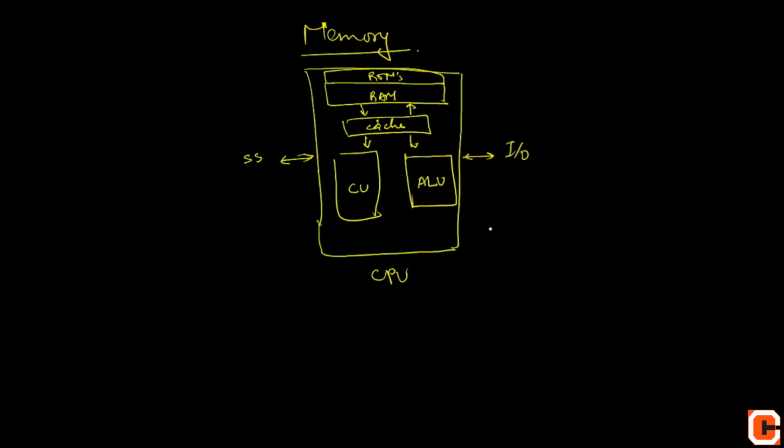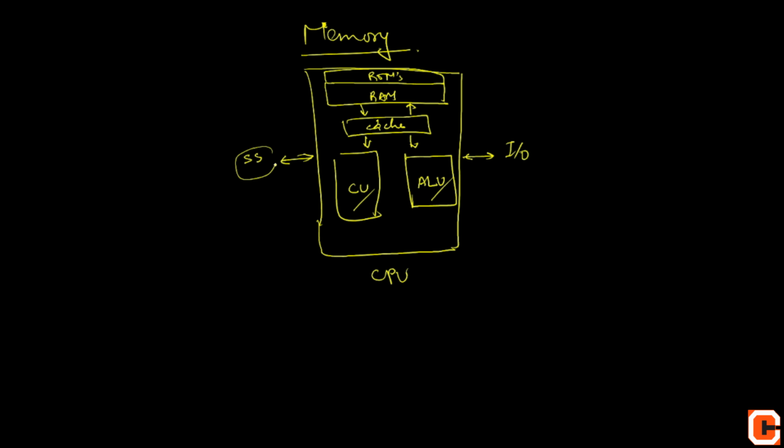Hey there. In the previous video, we saw the processor, its functionalities, and the different components within the processor, which is the CPU, in which we had a control unit and an arithmetic logic unit.